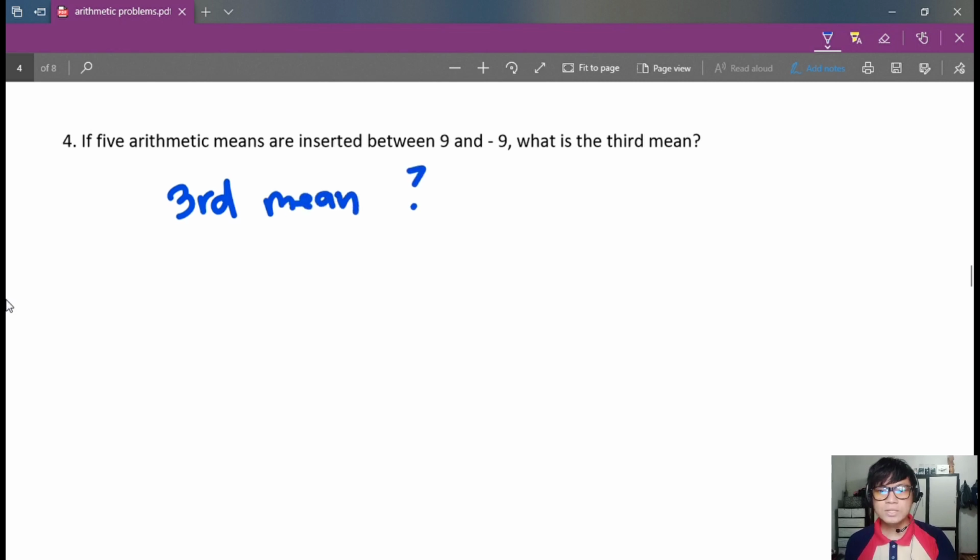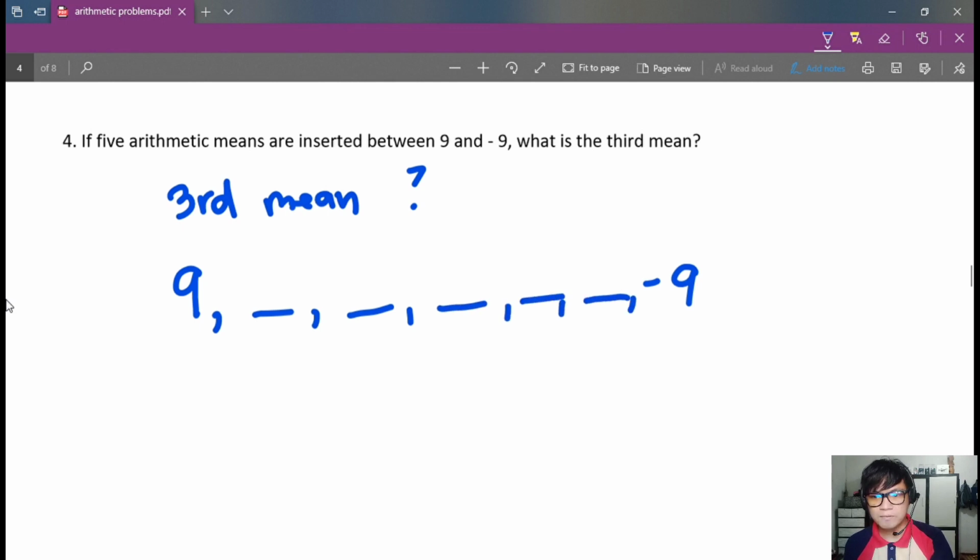Okay. Illustrate natin. Ang first term natin is 9. Tapos, ang last term natin is negative 9. And between that, we're going to insert 5 arithmetic means. So, 1, 2, 3, 4, 5. So, ito na yung maging itsura ng ating problem.